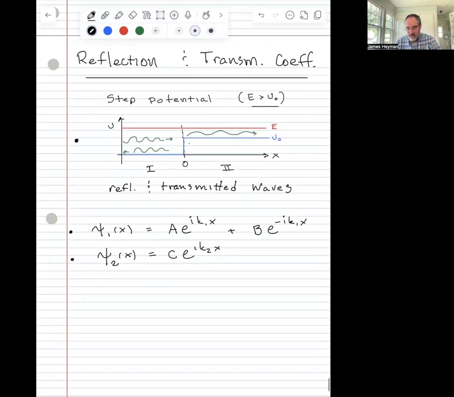Okay? So, if you like, that's a general solution to our problem. But now we're going to use the boundary conditions to find the specific solution or particular solution. So let's see what the boundary conditions are.